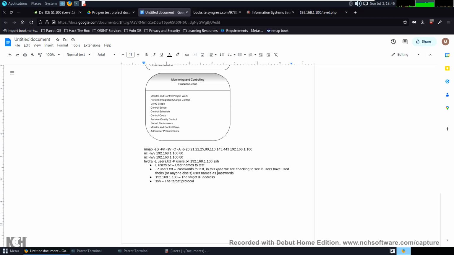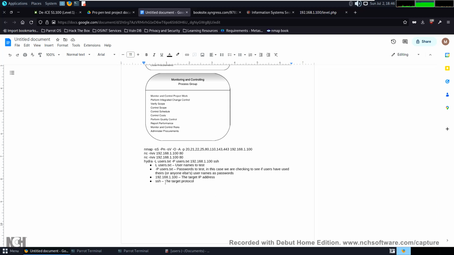What we're going to do is check in case any of the users have used their username as their password. That would be a bad idea, but we're going to see if anyone has. So basically we're going to run this and it's going to try any of these usernames and passwords mixed together. SSH is the target protocol that we're going after.